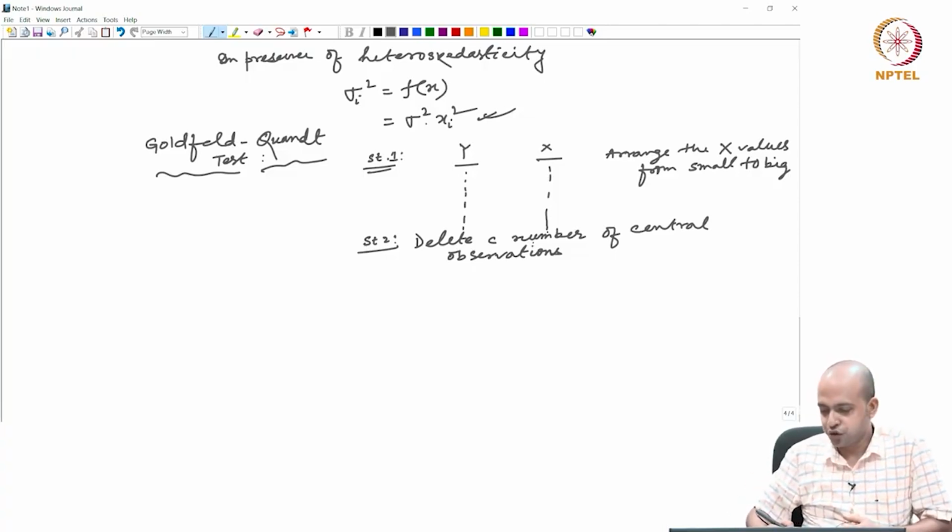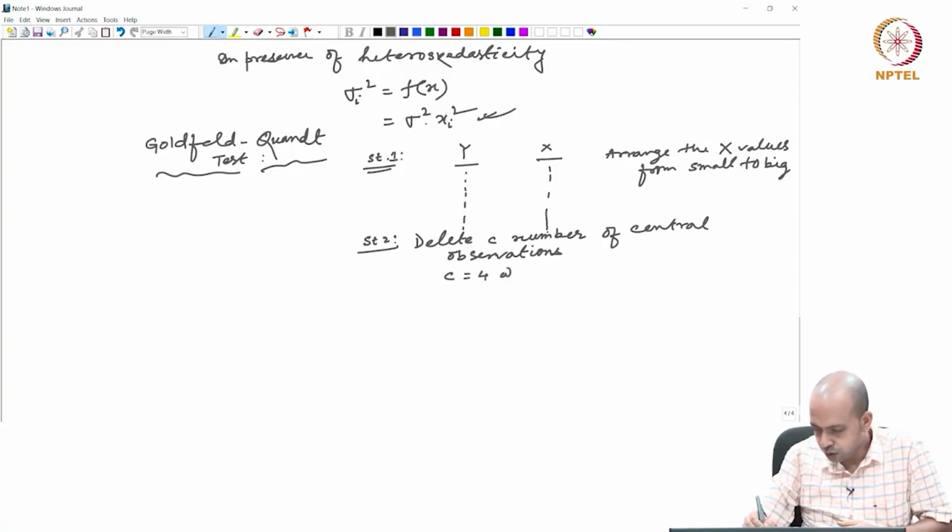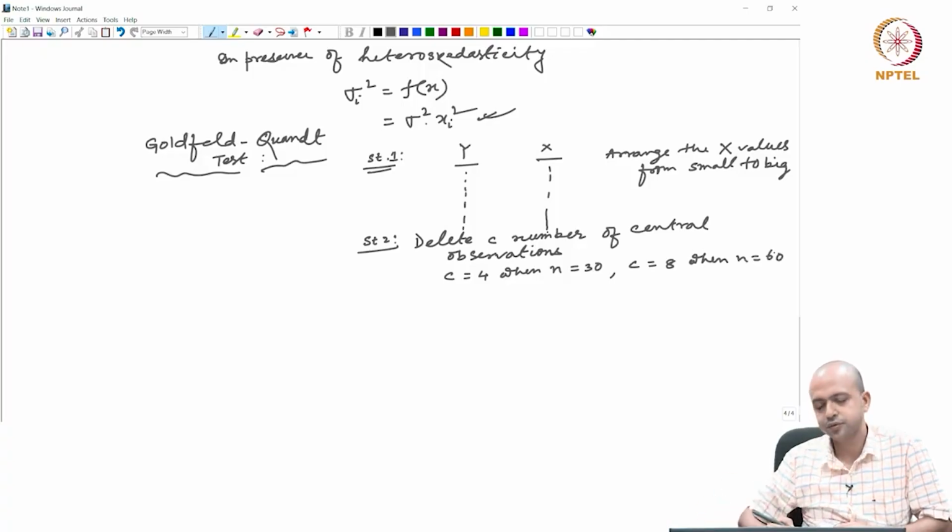This C equals 4 when n equals 30, and C equals 8 when n equals 60, something like that. This is a rule of thumb. Basically, you delete C number of observations.